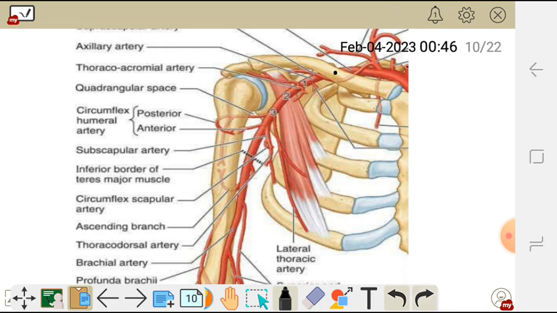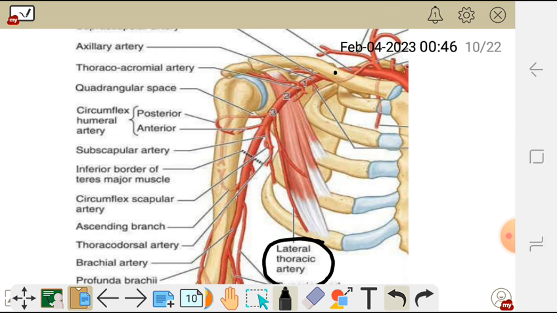The second part gives rise to the thoracoacromial artery, and then the lateral thoracic artery.